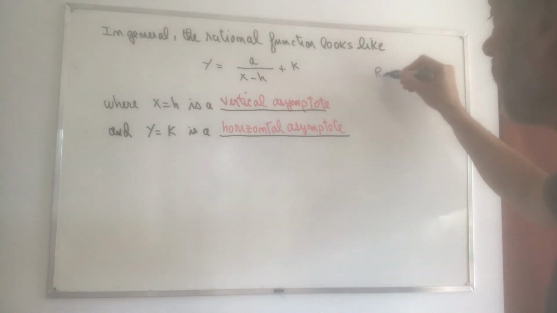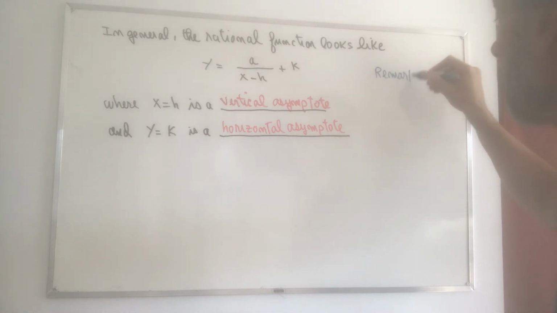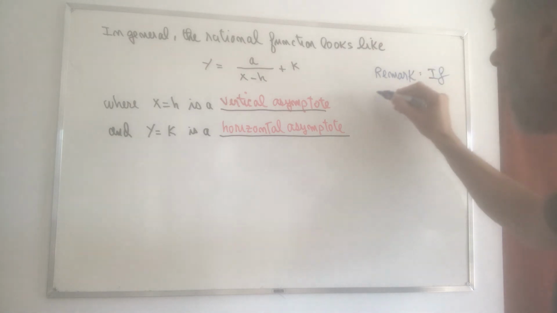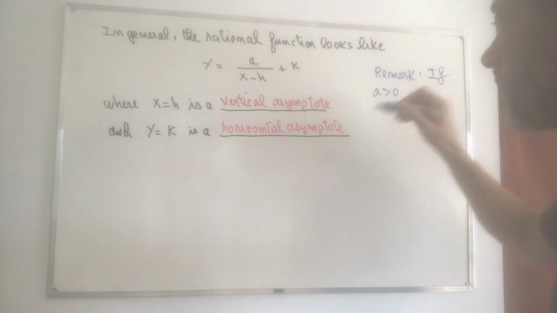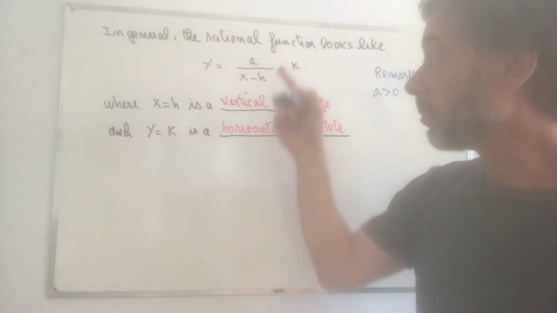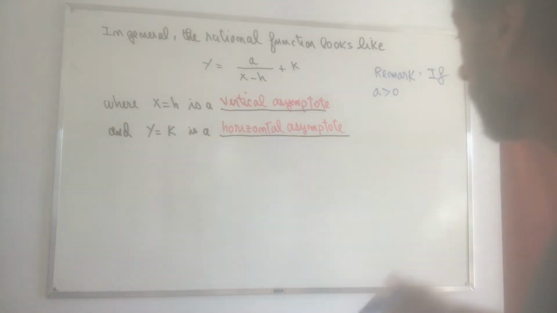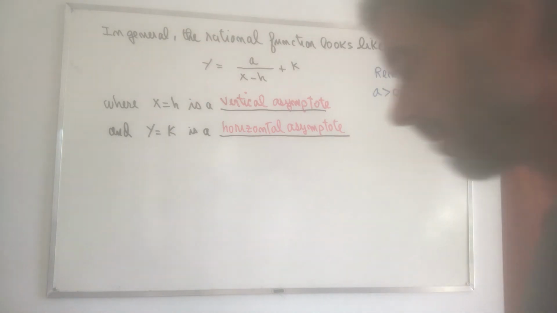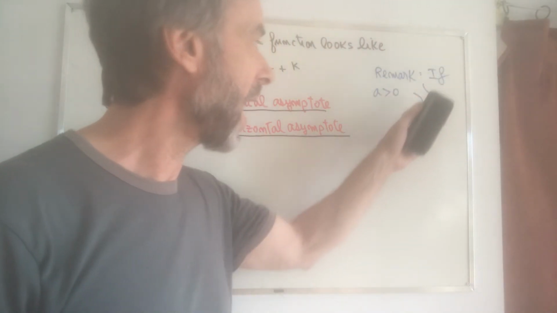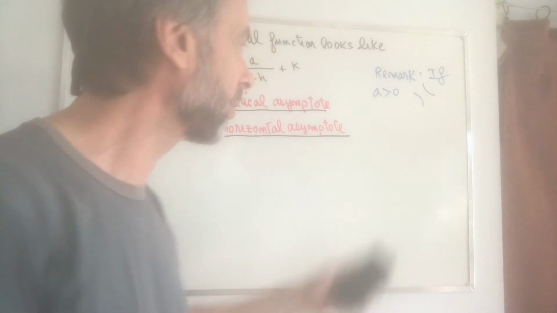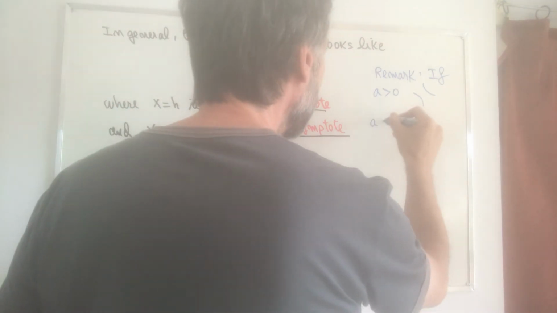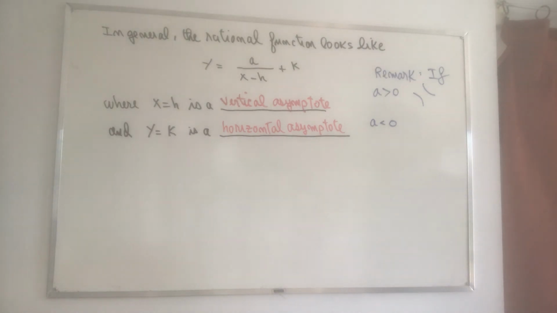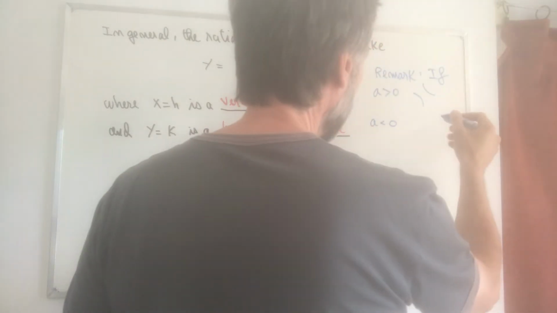Also remark, if a is greater than 0, a being the numerator of this function, then the graph is going to look like the good old 1 over x that we had before, with the two halves in this way, first and third quadrant. But if a is actually less than 0, then what we have is actually, well, the opposite.